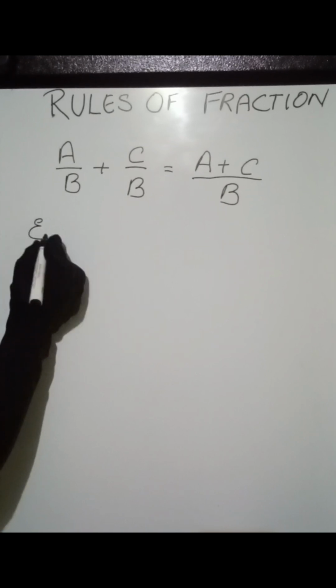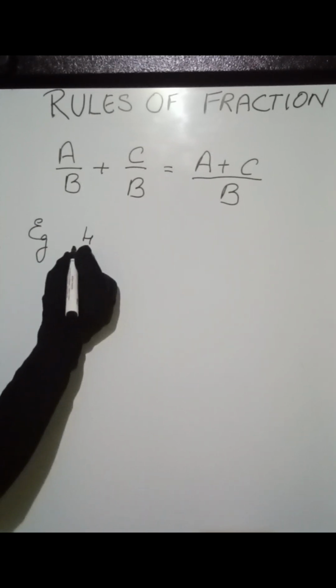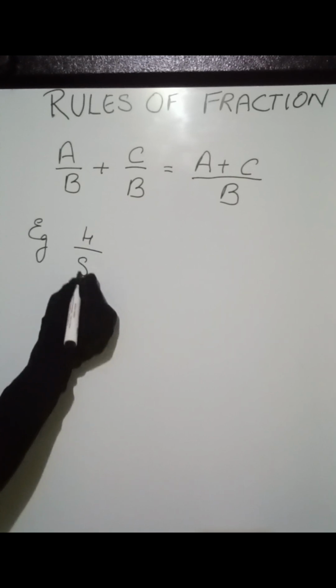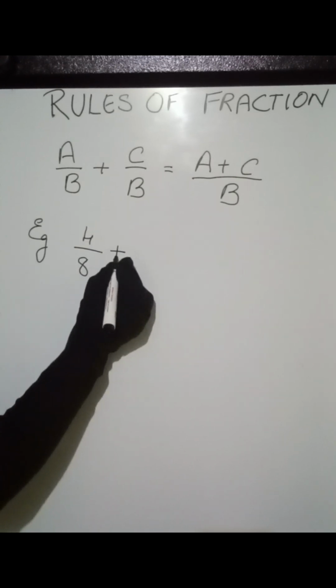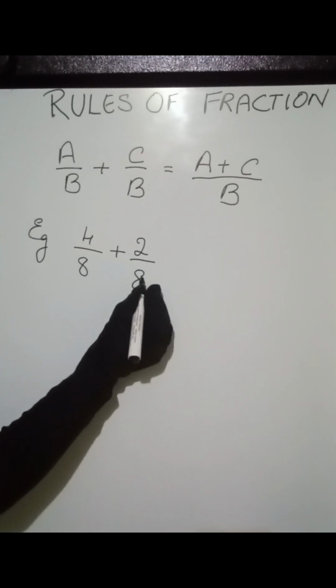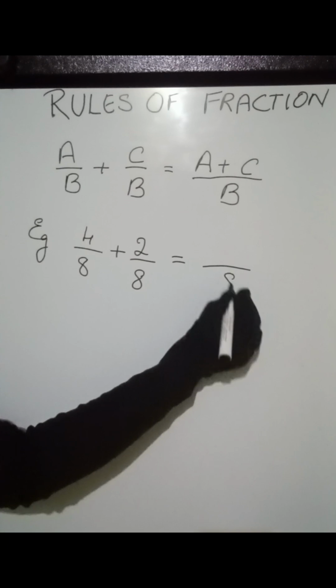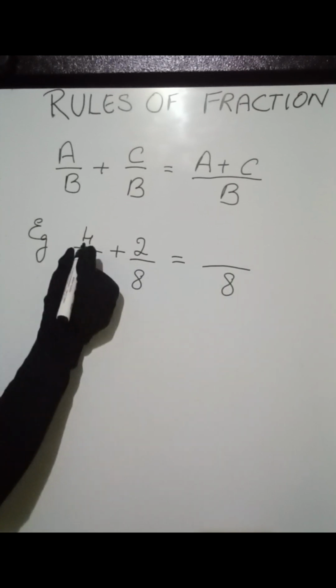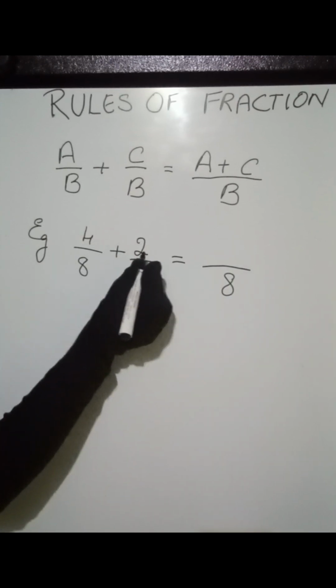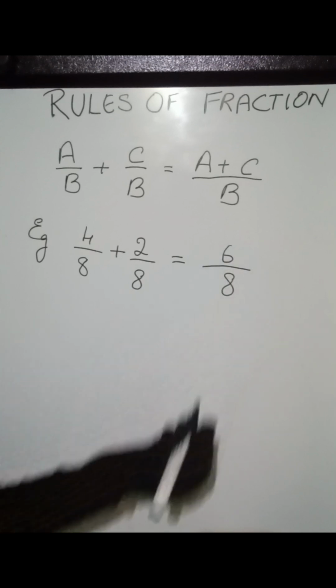For example, if you take 4 by 8 plus 2 by 8, then we'll have a common denominator 8. The numerators will get added to get 6 by 8.